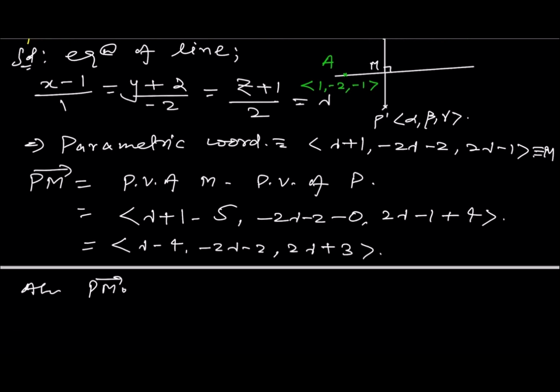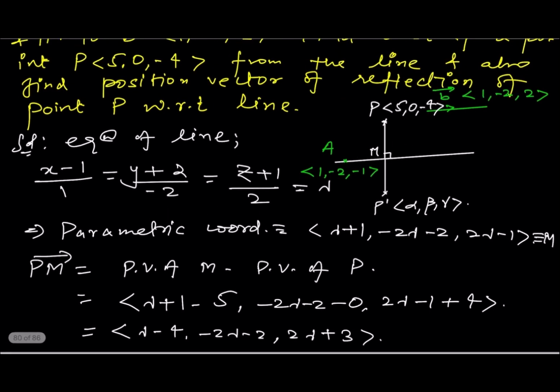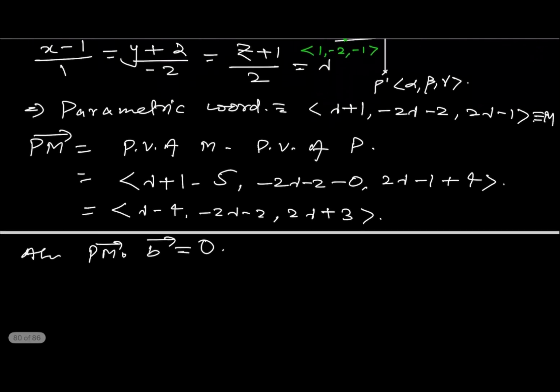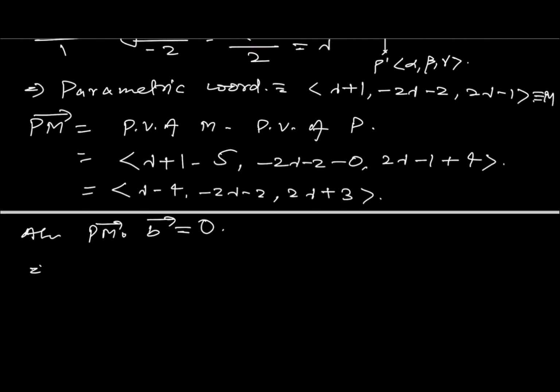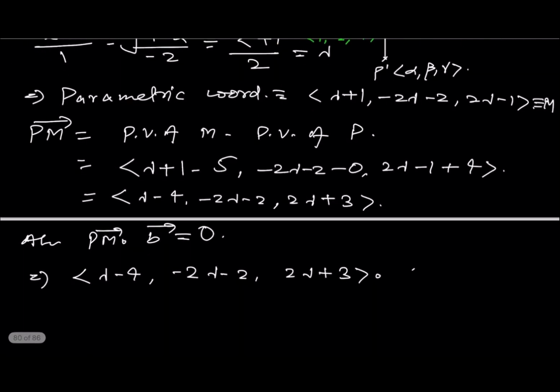PM vector dot B vector is equal to 0 because B vector and PM vector are perpendicular. So (lambda minus 4, minus 2 lambda minus 2, 2 lambda plus 3) dot B vector, which is (1, -2, 2), is equal to 0.